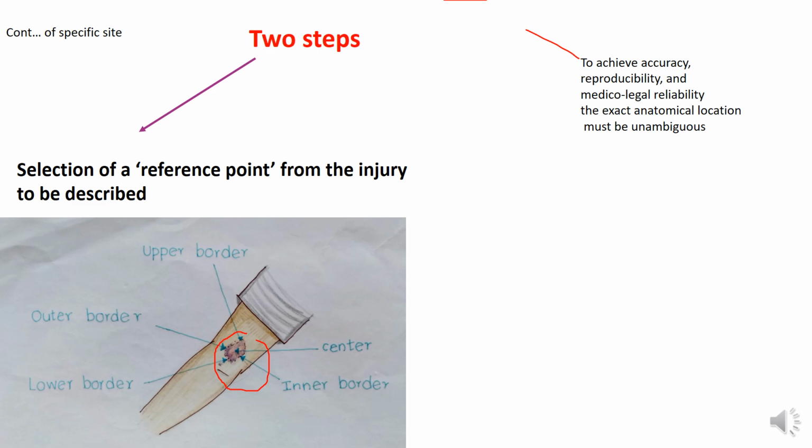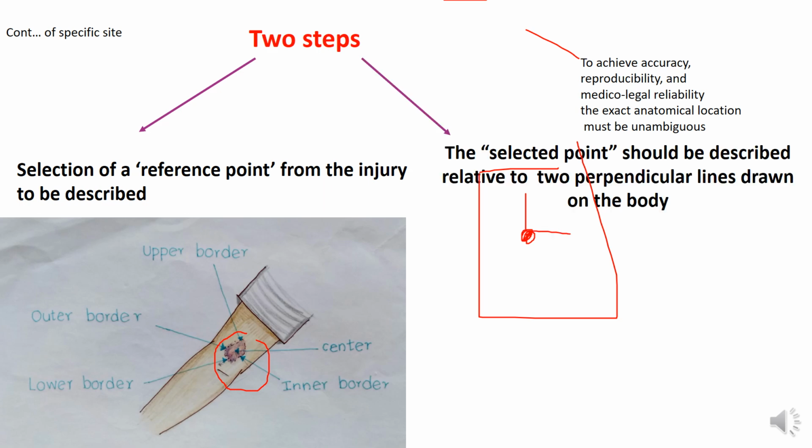The next step is like this, right? You have to imagine the body as an A4 sheet, and if this is the center that you have chosen already, you are going to fix this point to certain references in a perpendicular manner. For that you have two methods.